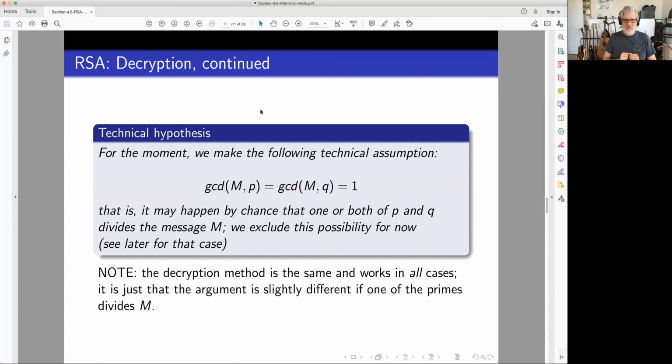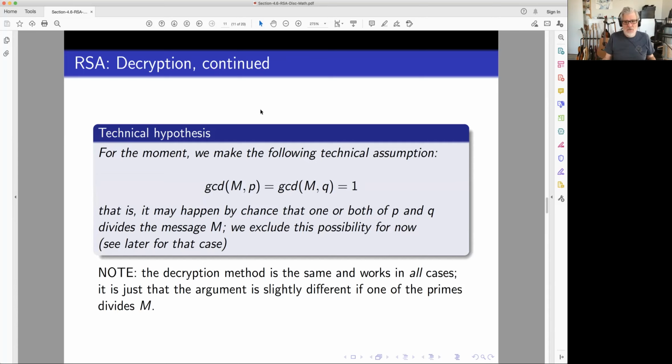I'm just making this little technical hypothesis because the argument is different in the case where P and Q do not divide big M. You can be really unlucky. You write down a message that you want to send. So I'm Alice, I want to send my message.